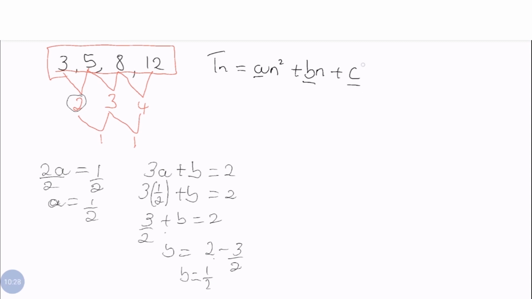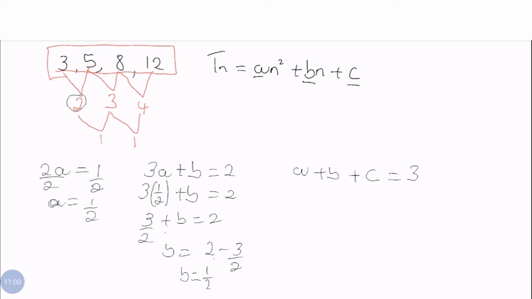We are left with c. And we also have one other equation, which is the last one, which helps us get the value of c. So that equation is a plus b plus c is equal to the first term of the quadratic sequence, which is 3. So now we know the value of a and the value of b.